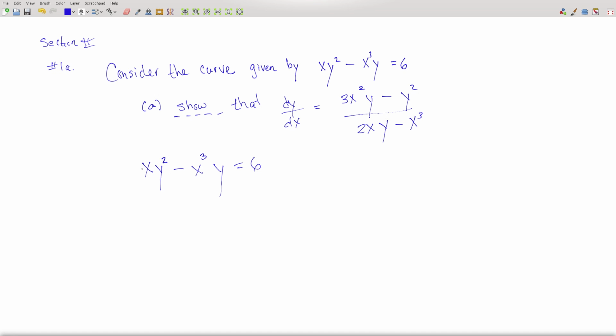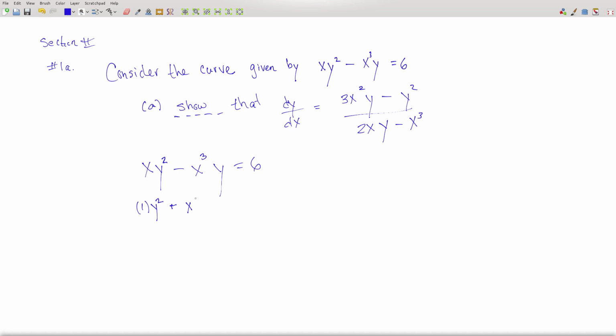Okay, first part. Let's take the derivative of xy squared. Well, this is x times y squared, so I'm thinking I'll need to use the product rule to begin with. So what is the derivative of just x? The derivative of just x is 1. So it's the derivative of just x times this y squared plus, now I can just write down the x, and I have to think, what is the derivative of y squared?